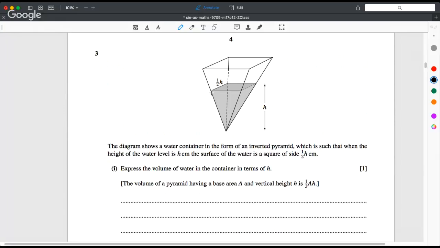So the water forms a smaller square pyramid of base area (1/2 h) all squared. So therefore the volume is 1/3 times that area, which is 1/4 h squared times h. So this is 1 on 12 h cubed.